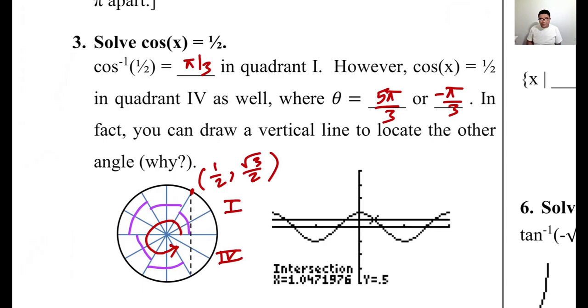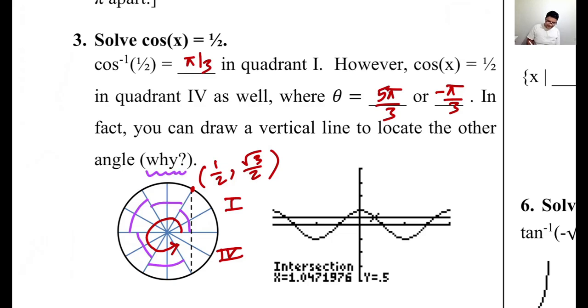Okay. In fact, you can draw a vertical line to locate the other angle. This is the interesting part, and I ask you the question, think why. For any angle, in fact, that was true in case of the 0 also, it is true for any angle, but it is more easily seen when the angle is other than 0 or 90. Okay.